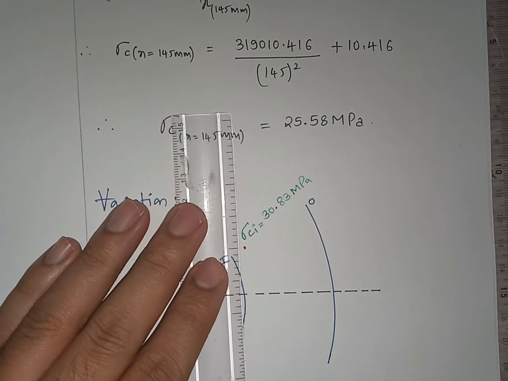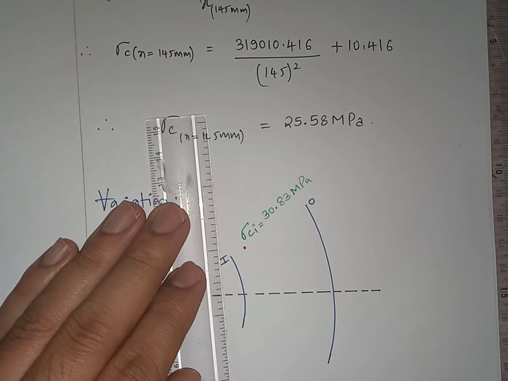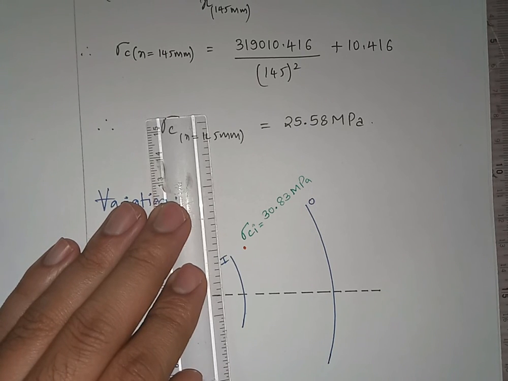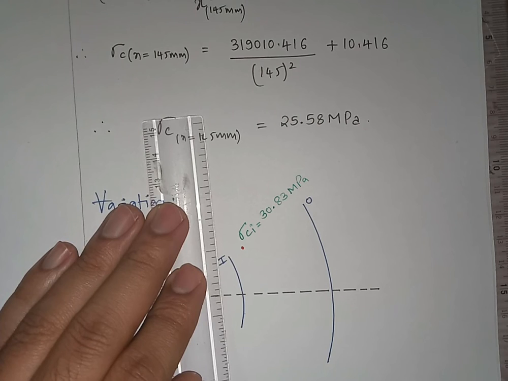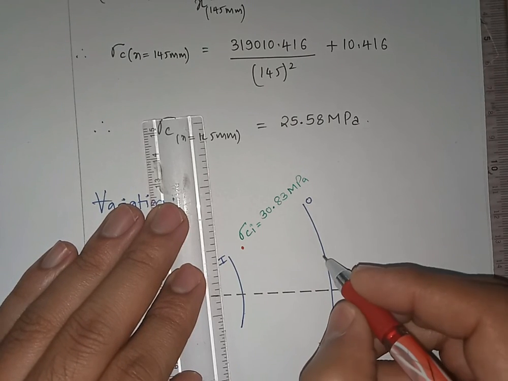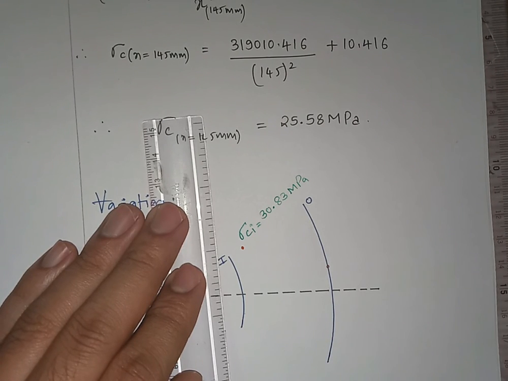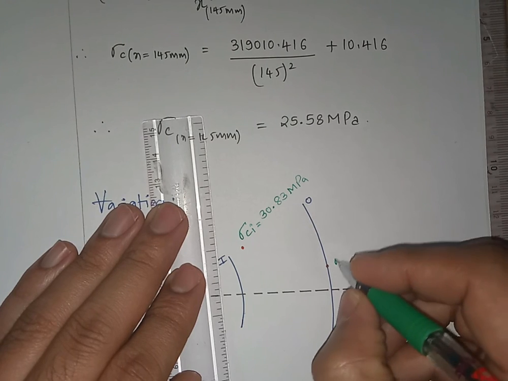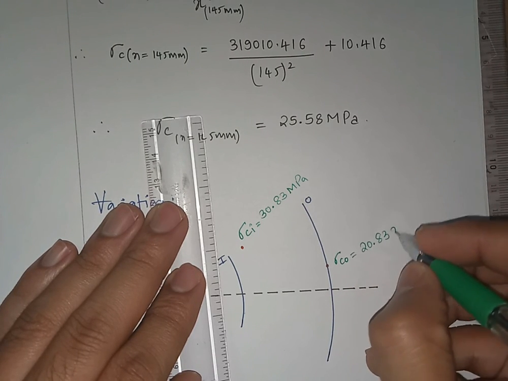The value of sigma C naught is coming as 20.832, somewhere over here. So it is sigma C naught, 20.832 MPa.